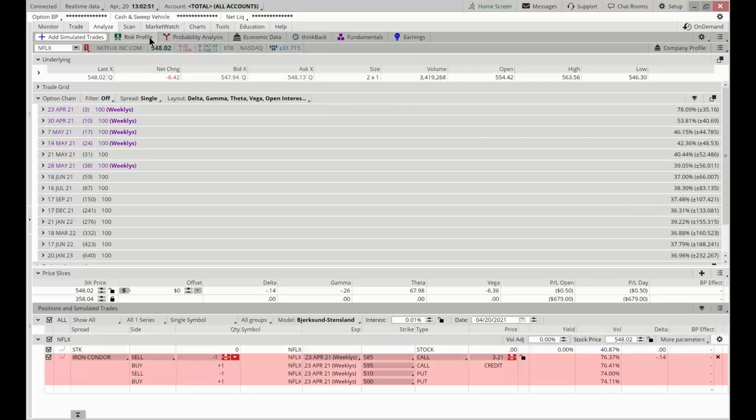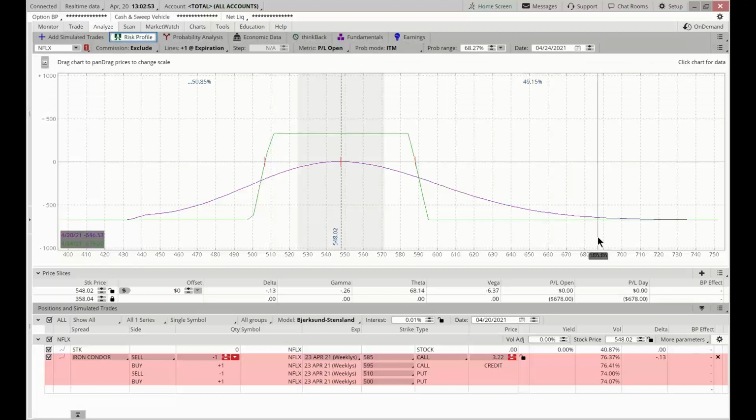So what we do is we go to our tools in our Think or Swim Analyze tab, and notice I'm on the Analyze tab. I'm in Risk Profile, and I've modeled up a trade, and I'm going to do negative 41 IV points by the end of the day tomorrow.